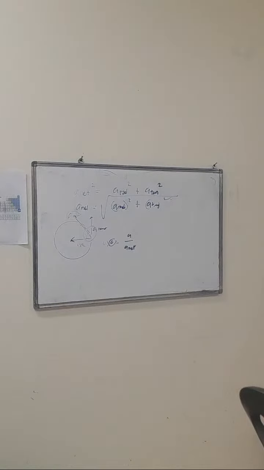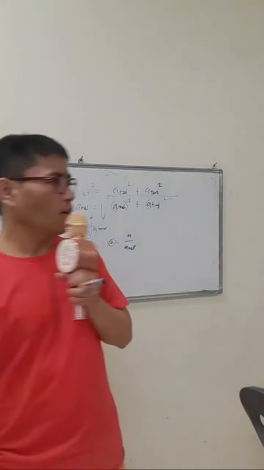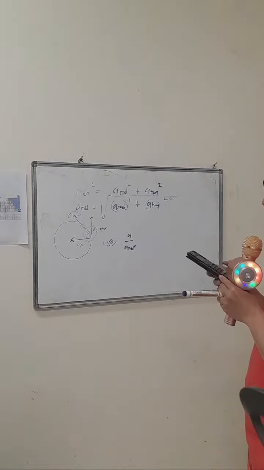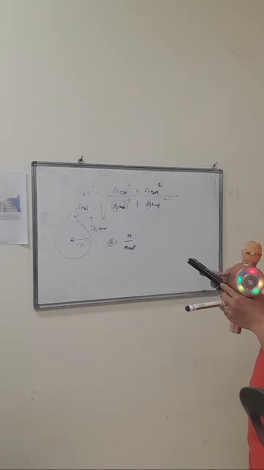I'll see that later on. Where is the calculator? I see it here. Cosine 90 degrees, how much?